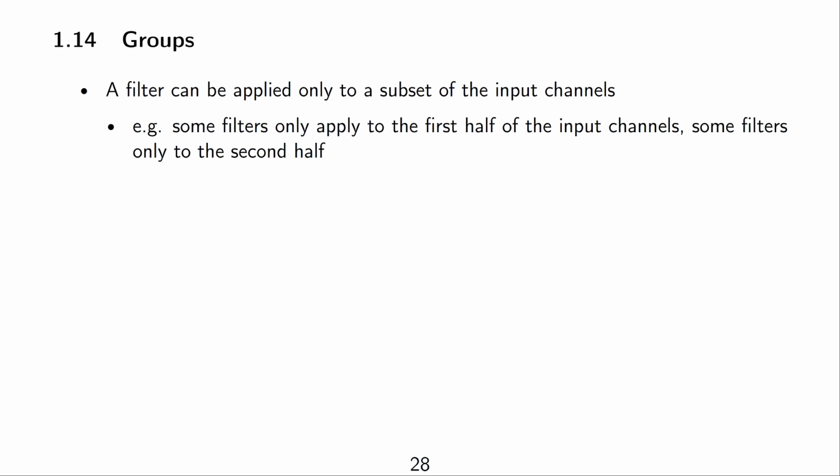For example, if we have an input tensor that has 100 channels, then we could have a filter of depth 50 that will be convolved with the first 50 channels, and another filter of depth 50 that would be convolved with the next 50 input channels.